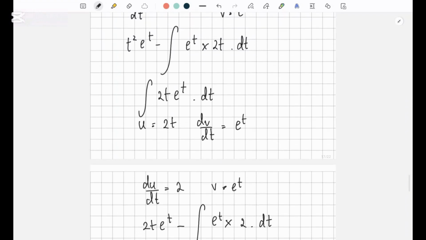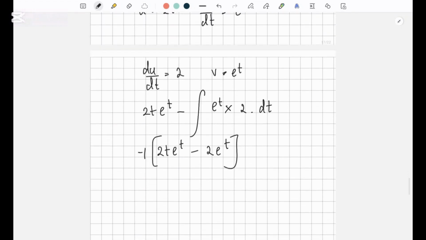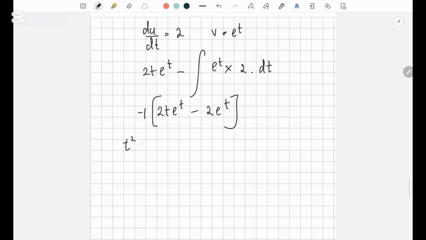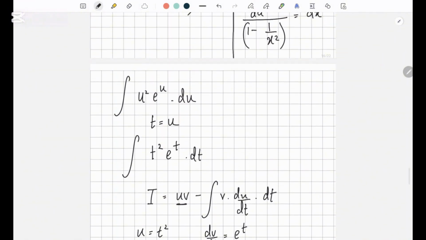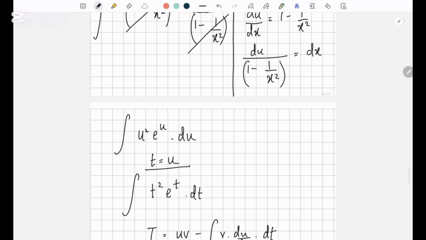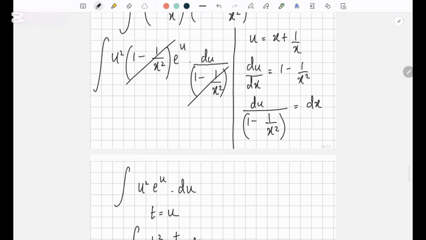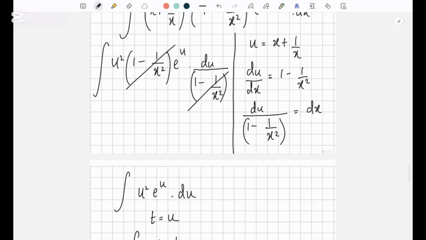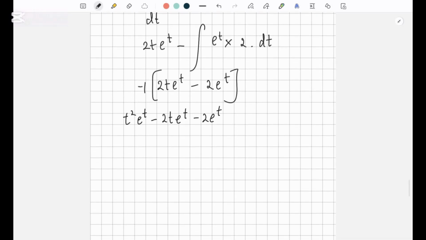So now the answer for the integration we chose would be t squared e to the power t minus 2t e to the power t minus 2 e to the power t. Now these were in terms of u, because I wrote down t equals u. So you can put t equals u, where u equals x plus 1 over x.